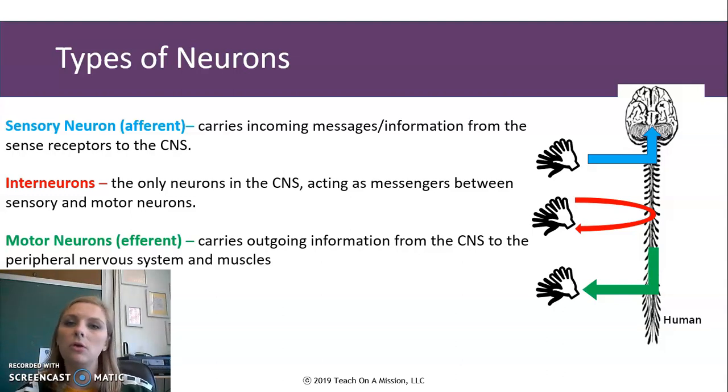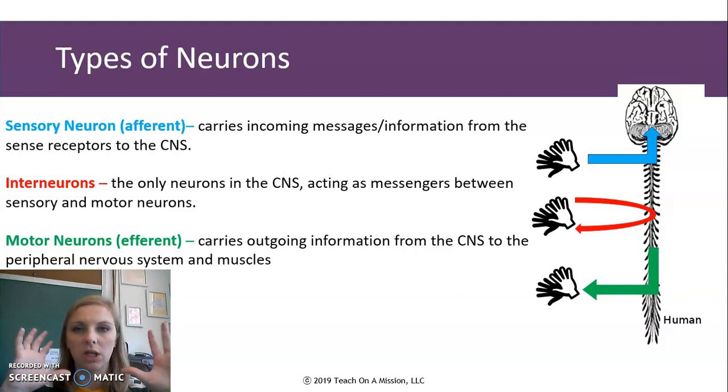So what happens is if you do something that is hurting your body, you put your hand on a hot stove, you grab a hot curling iron, whatever it might be, the sensory neuron carries that to your interneuron in the spine, which immediately says, oh my gosh, this is a bad situation, we gotta move it quick. So it bypasses the brain and it just makes the decision to move the hand. That's why you are moving your hand before you even know that you're in pain, because your brain hasn't been able to really decode the message of the pain quite yet.